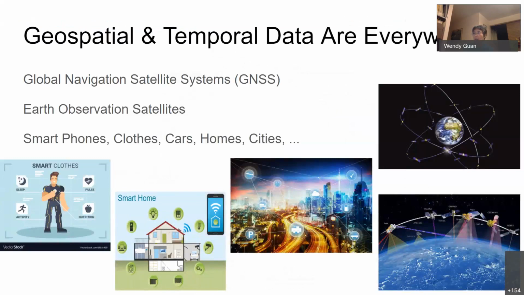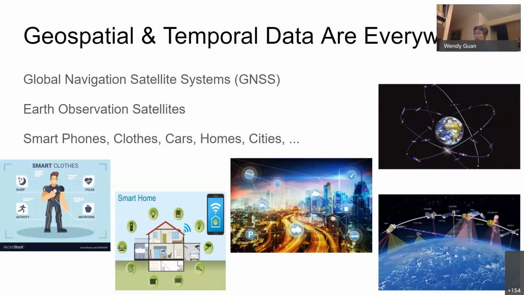And we can do that because geospatial and temporal data are everywhere nowadays. Unlike in the past, when you had to go out and do a survey, which was very costly and very time consuming, right now there are so many gadgets deployed in space, on the ground, in our hands. There's GPS, there are Earth surveillance satellites taking imagery.